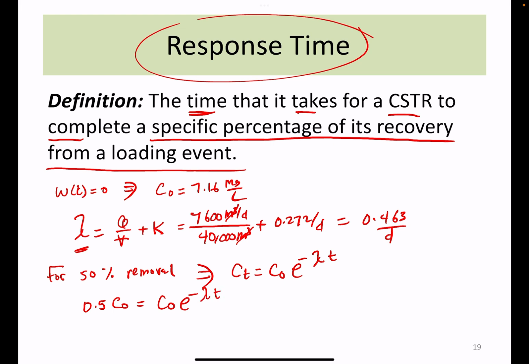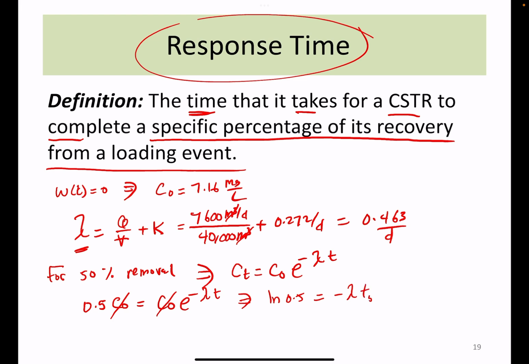Let's just call the time t, and then C naught with C naught cancels, you will end up with the equation ln 0.5 equals minus lambda t.